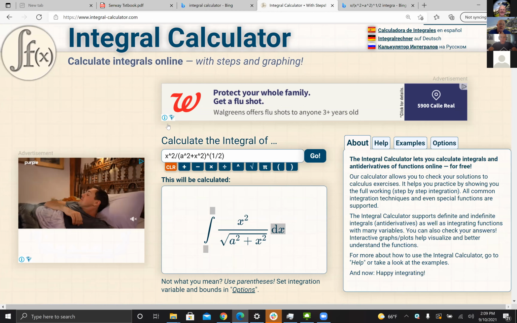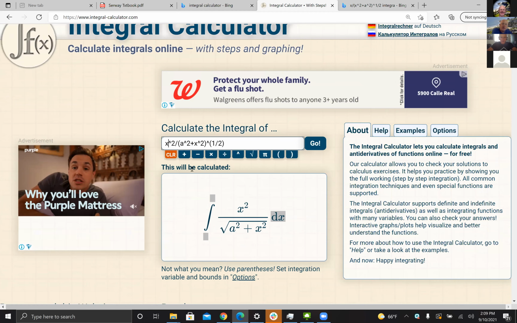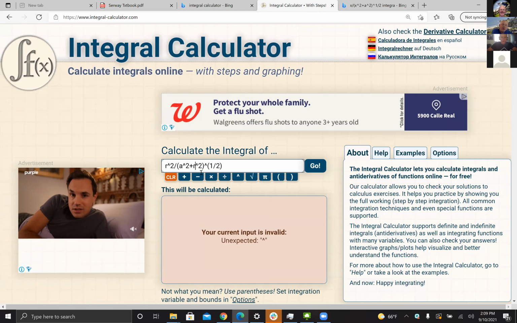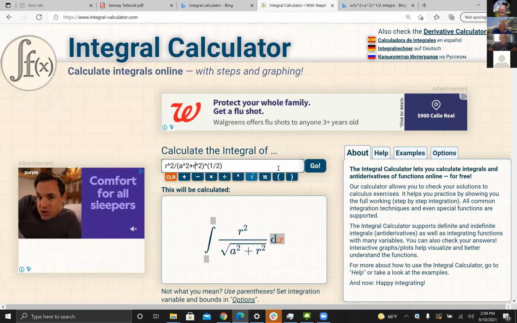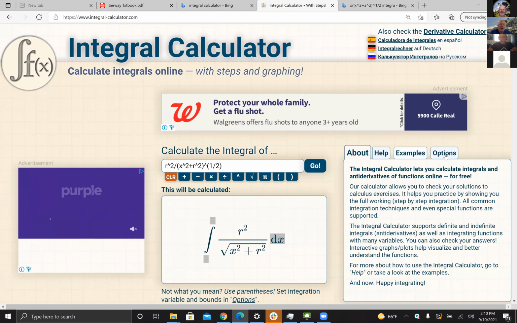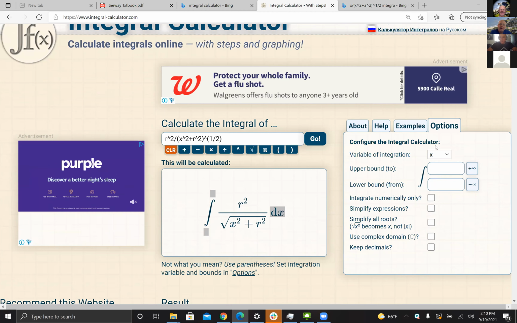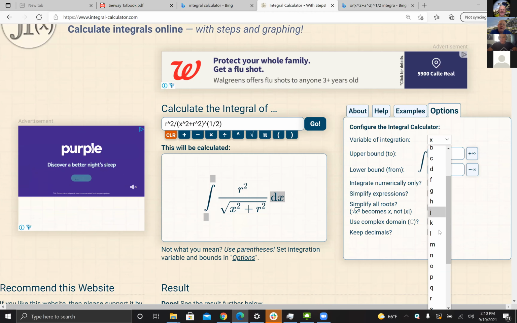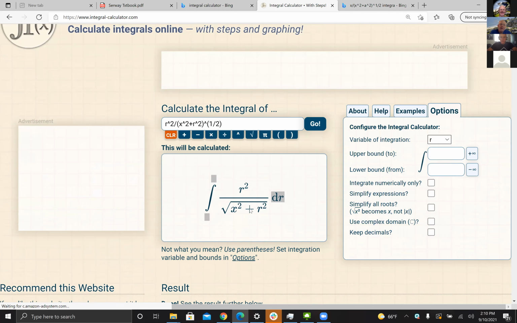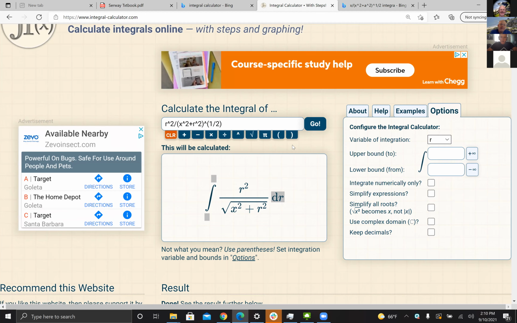So if you changed the x's to r's and then changed that a to an x, and you have to change the dx to dr. So like that.